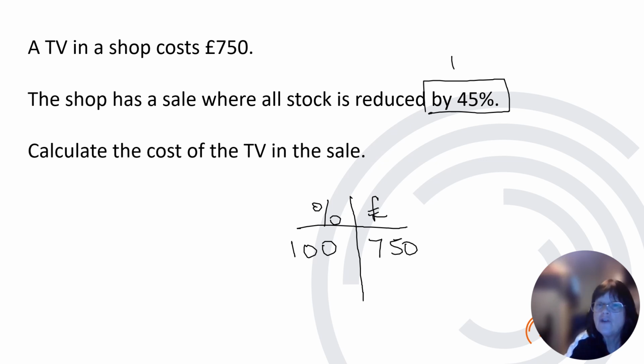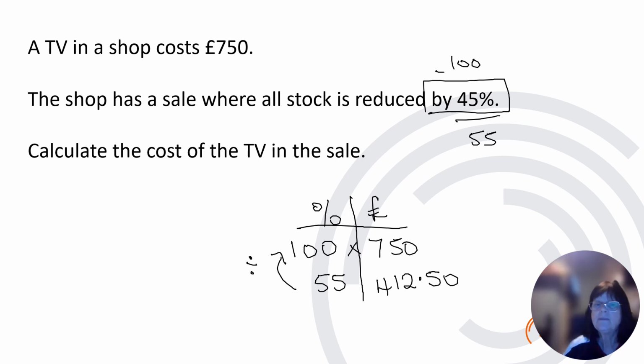Therefore, 100% take away 45%, we are paying for 55%. What I want to know is how much am I going to pay? How much is 55% of my original price? So I divide by the number above, I multiply across, and I will end up with £412.50. And that's how much I'm going to pay for the TV in the sale. Bargain. Love a bargain.